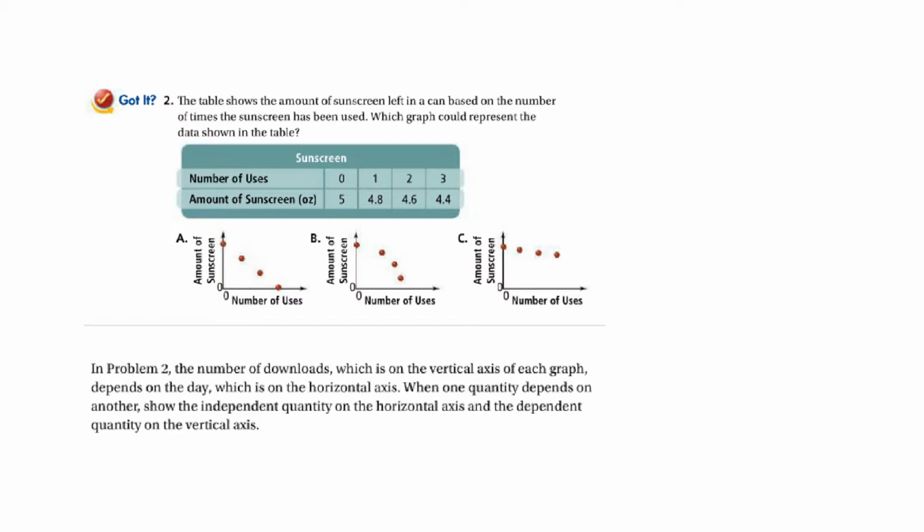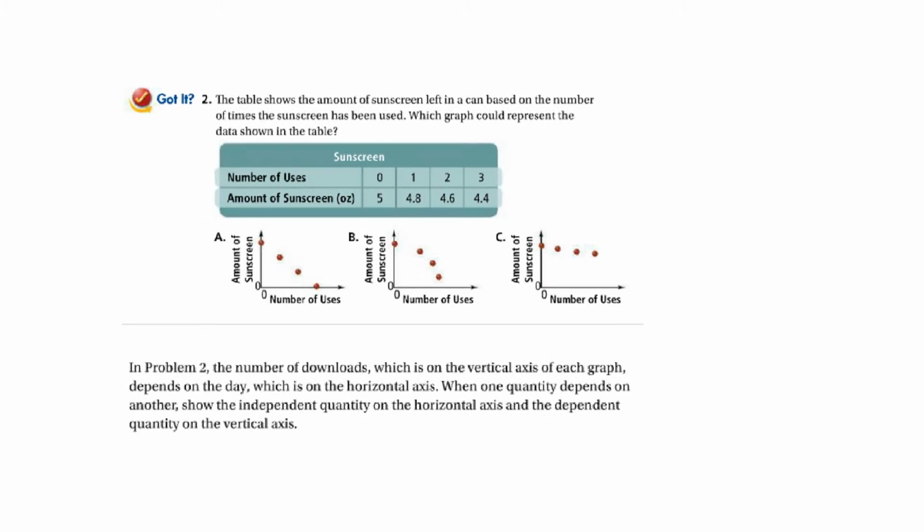Now, if we look here, it said in problem 2, the number of downloads, which was on the vertical axis, depends on the day, which is on the horizontal axis. When one quantity depends on another, you show the independent quantity on the horizontal axis, which is our x-axis, and you show the dependent quantity on your y-axis.